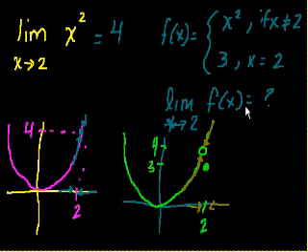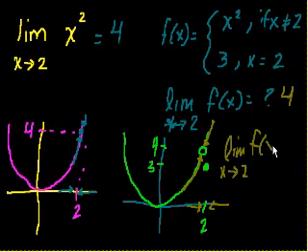So in this case, the limit as x approaches 2 is also equal to 4. Well, this is interesting because in this case, the limit as x approaches 2 of f of x does not equal f of 2.